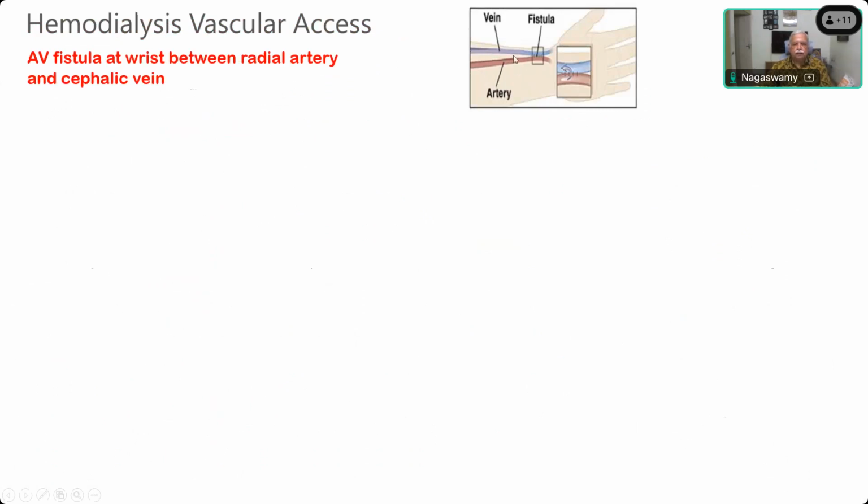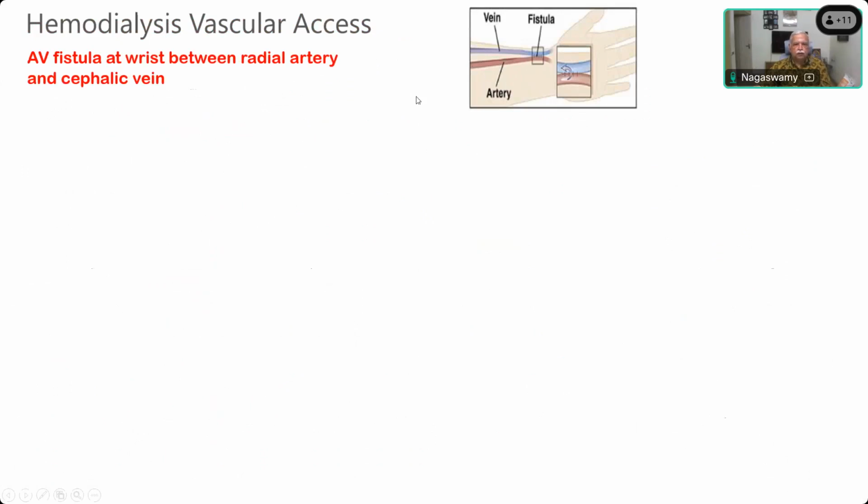By creating this fistula, you create a higher pressure locally in the forearm veins, and all of them will bulge out and stand out, and you can puncture them easily and draw blood from them using a pump, and then filter it and then push it back into a vein so that the blood can be purified in that way.